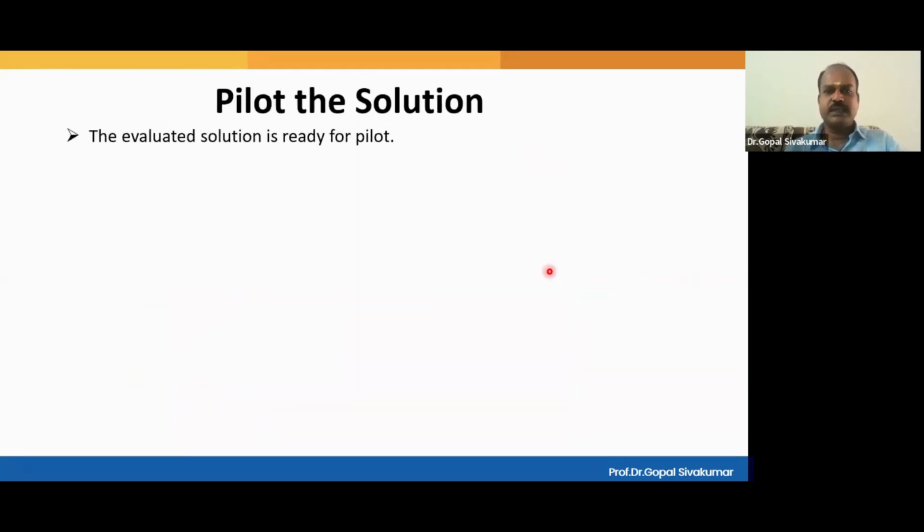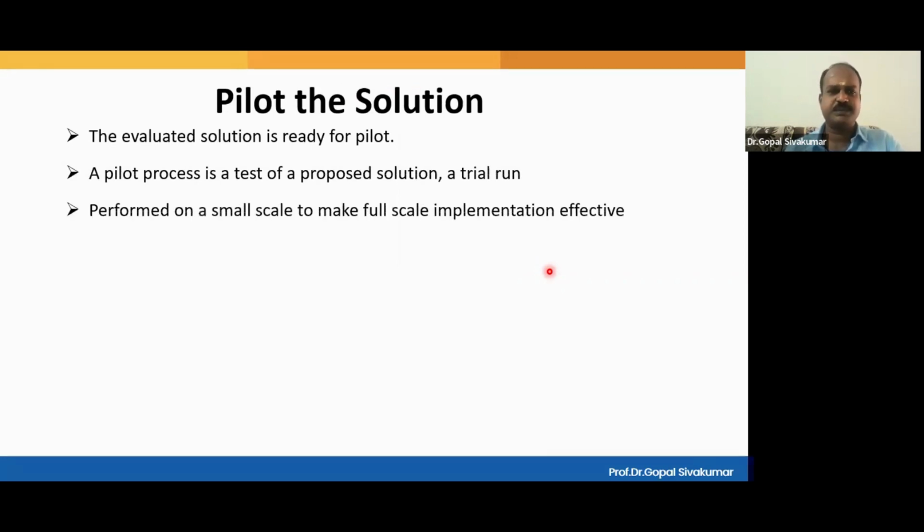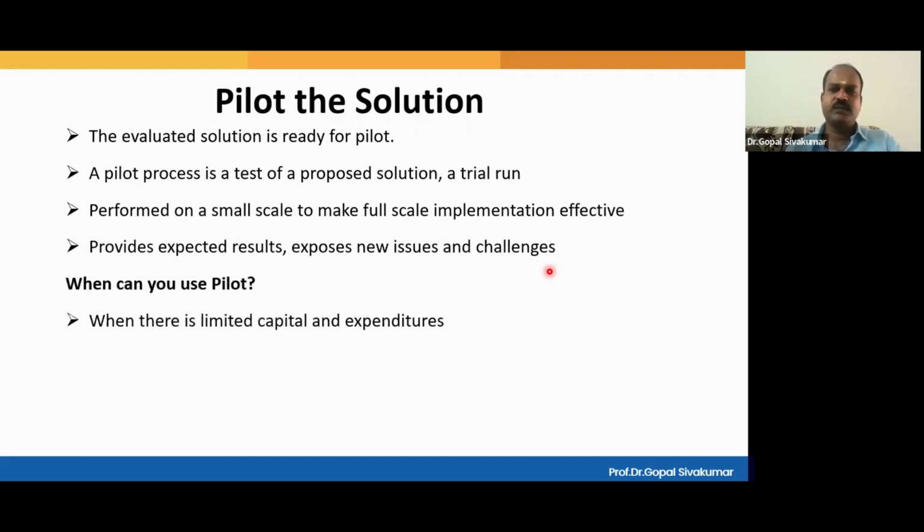So piloting means the evaluated solution is now ready for the pilot. A pilot process is a test of a proposed solution, a trial run. And we generally perform the pilot on a smaller scale to make the full-scale implementation effective. And a pilot provides expected results, exposes new issues and new challenges. And when can we use a pilot?